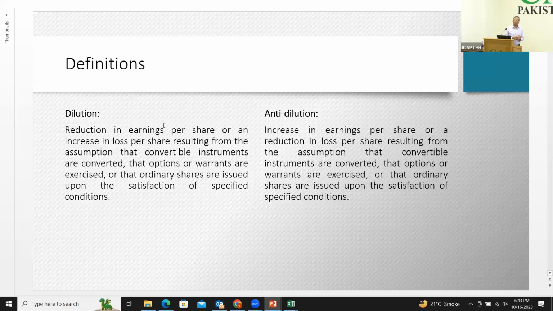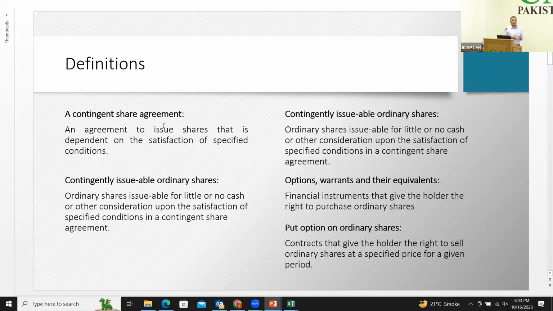Then we have contingent share agreements. Like under IFRS 3, we acquire certain subsidiary companies and we enter into certain contingent share agreements with the old shareholders of the subsidiary company. So whether those contingently issuable shares will become part of the basic earning per share or dilutive earning per share, this standard requires that contingently issuable shares cannot become part of the basic EPS or dilutive EPS unless the condition on which the issuance is based has actually been satisfied.